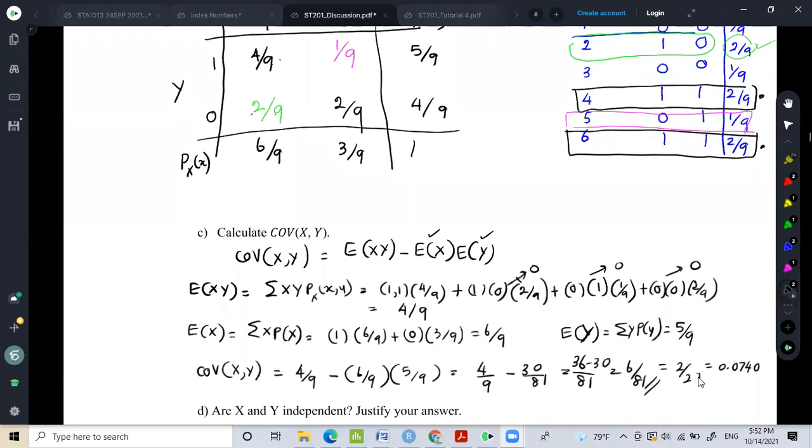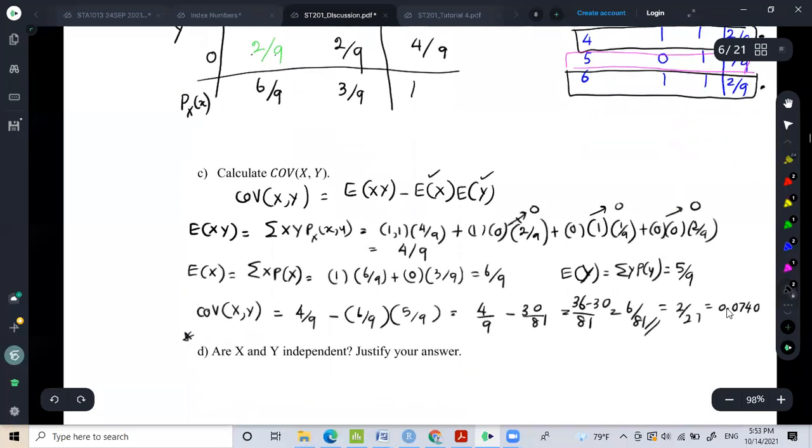But the covariance, you can only tell the direction, whether it is positive or negative. In this case, we have a positive linear association between X and Y. So it's not asking you to interpret, but if you see the words interpret your result, make sure to write the interpretation also. In this example, it will be a positive linear association between X and Y.